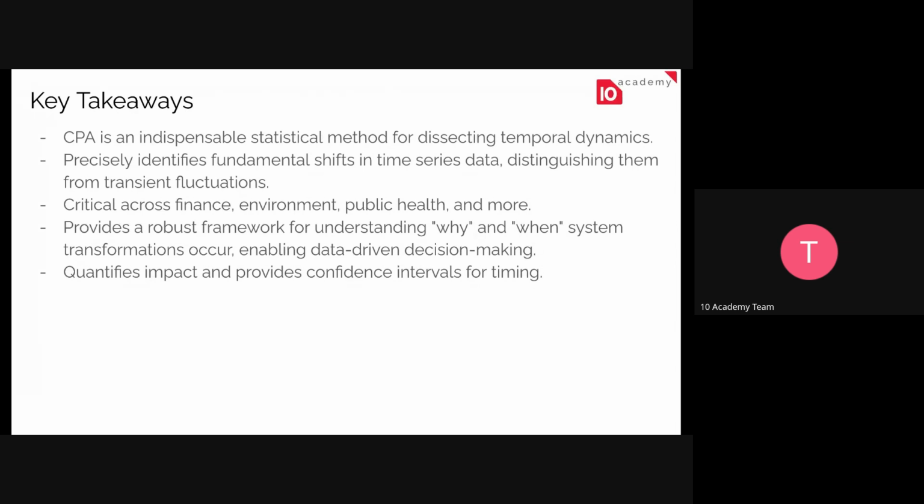Frameworks such as the Bayesian framework provide a very good understanding of why the change happened and when it happened. Lastly, it helps you quantify impacts and provide confidence intervals for timing. It's a very important thing to know, especially if you are working with time-based data.